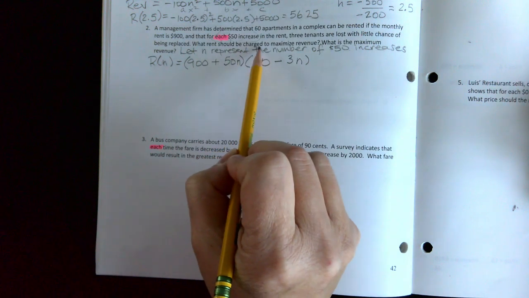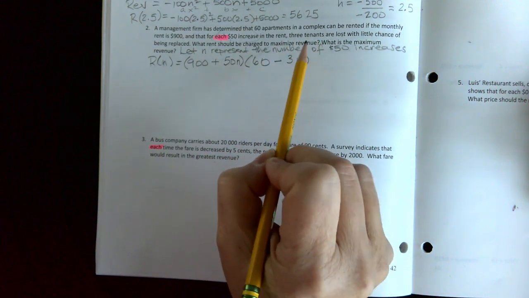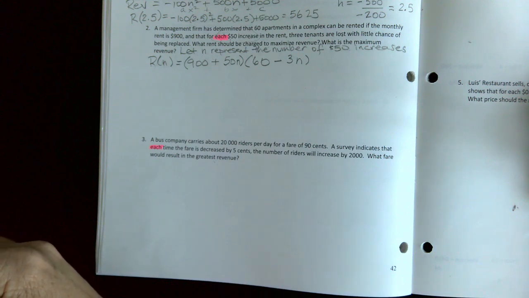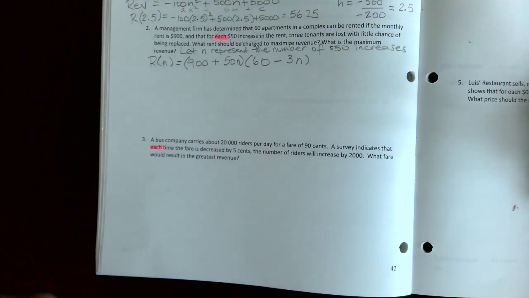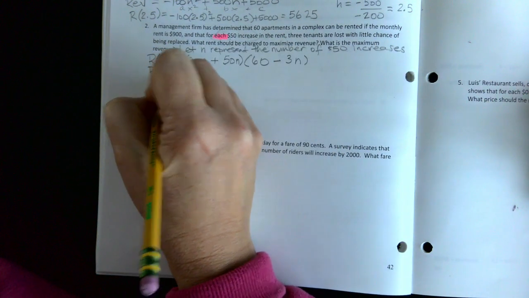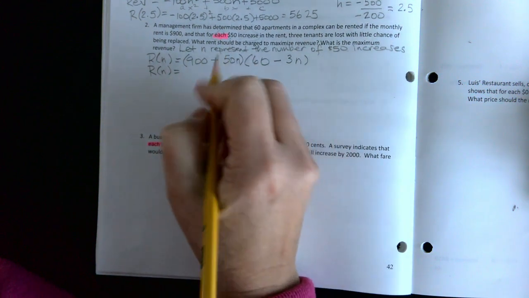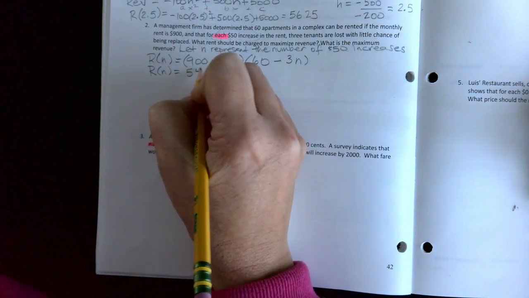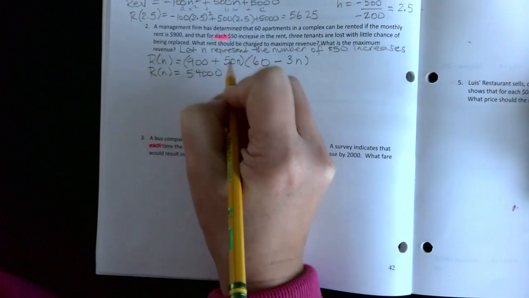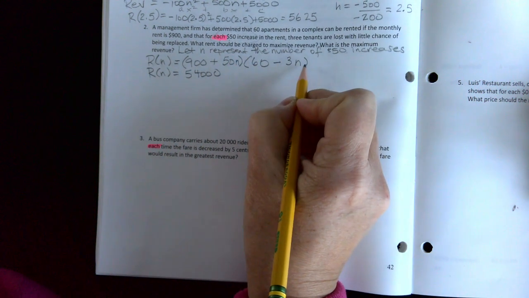Now, let's read the rest of the question. What rent should be charged to maximize revenue? Well, here we have an expression that is not in vertex form. In fact, it's not even in standard form at the moment. So we should switch it to one or the other. Let's just expand it. 900 times 60 is 54,000. Then the outside, I'm doing FOIL.